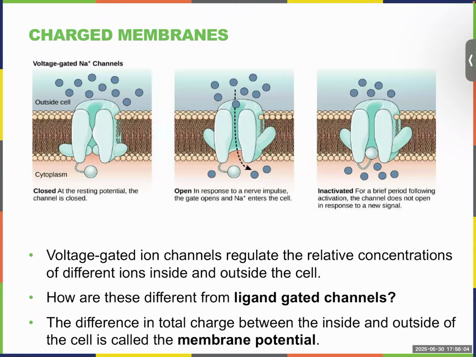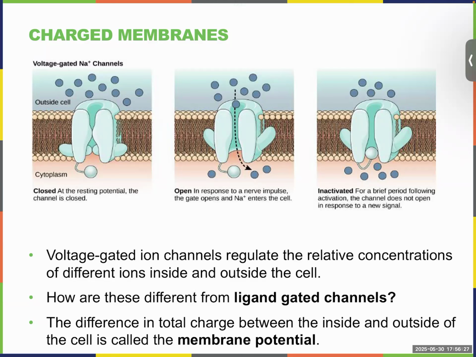In this example, there was a nerve impulse, which caused the charge across the membrane to change from plus on the outside to negative on the inside. It changed, and then that allowed, in this case, sodium to enter. Okay, and then after that occurred, it closes so it doesn't allow any more sodium to come in.